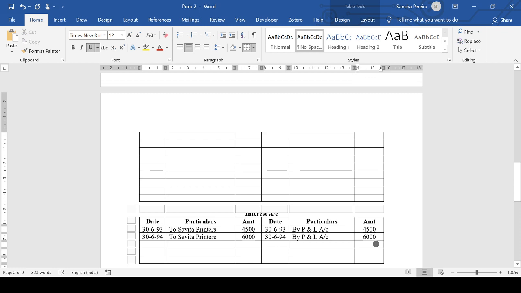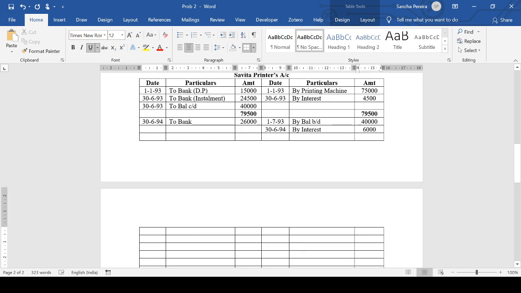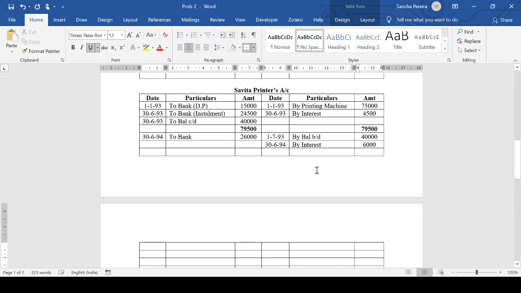Then go back and close the books. This has already been closed. I've already closed this by underlining it. Close this account. So the total here will be 46,000. Here also it's going to be 46,000. 30th June 94, you're going to have to balance carried down. 46,000 minus 26,000, we're going to have 20,000.